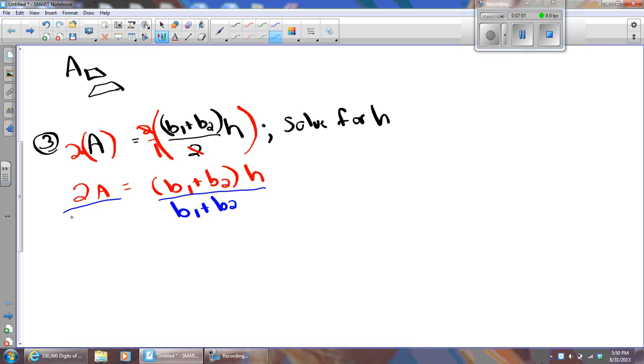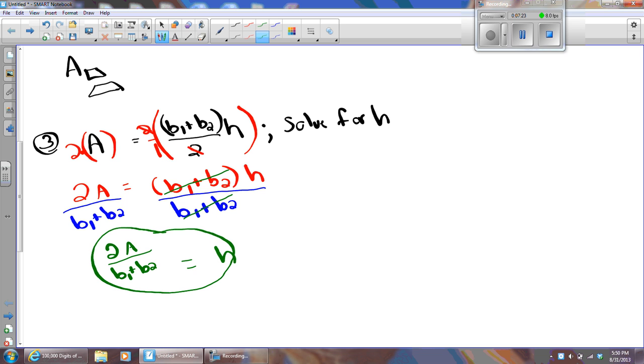And I have to do it on the other side as well. And then on the right-hand side, these will cancel. And h will be equal to 2 times the area divided by the sum of the bases.